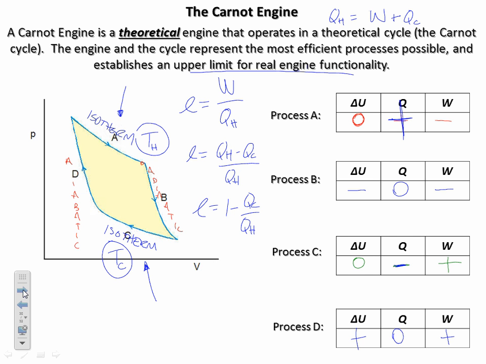Well, for a Carnot engine, there is something called the Carnot efficiency. And what you can do is relate directly the energy exhausted and added to the temperature of the reservoirs from which and to which those amounts of energy are transferred. All right, so we can turn this into 1 minus TC over TH.